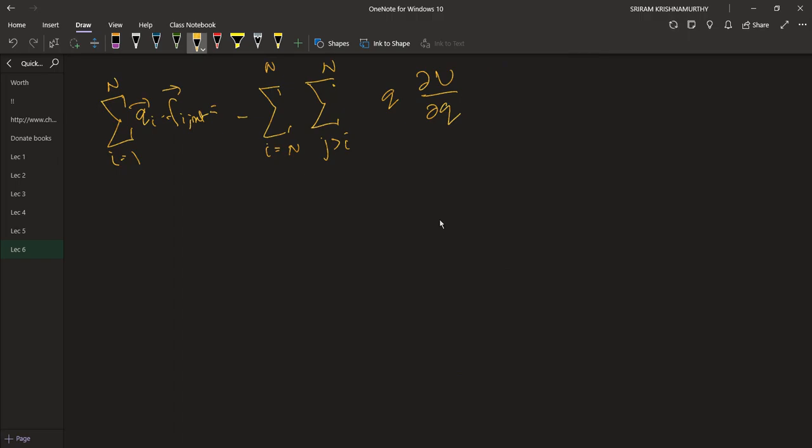So now plugging it back into the virial form of the equation, we have minus 1 by 3 summing over i going from 1 to n, j greater than i.